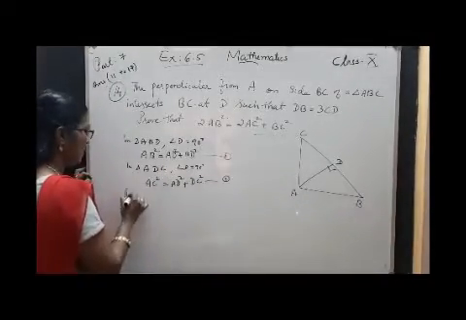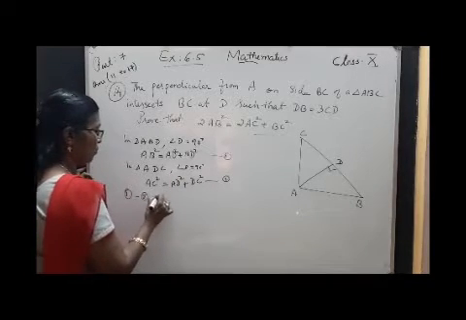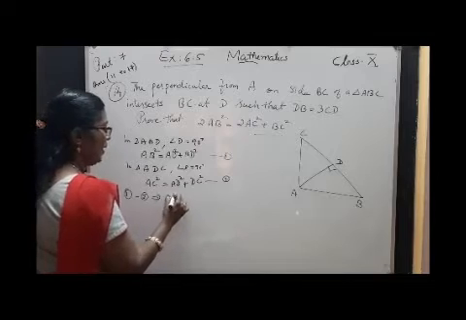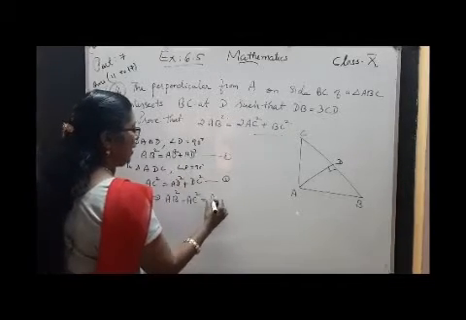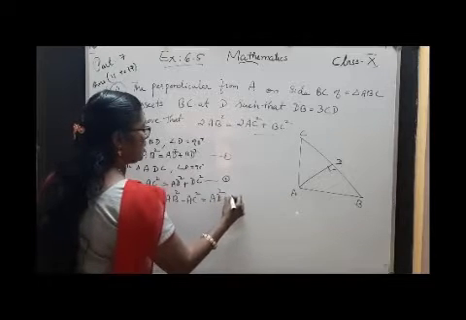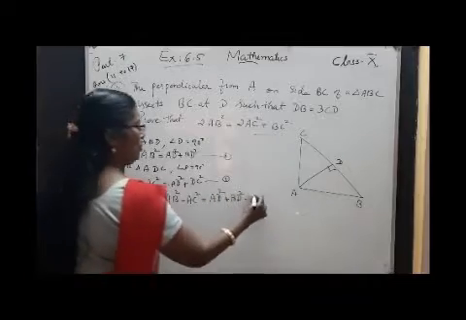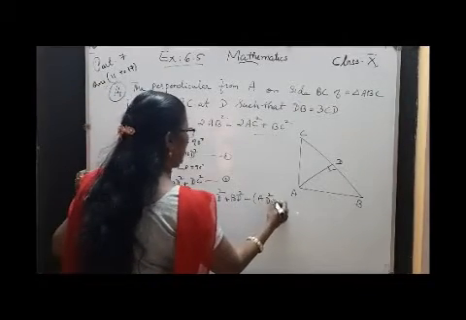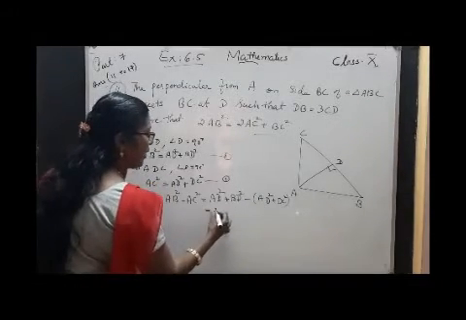Then subtract 2 from 1, 1 minus 2, that implies AB square minus AC square equal AD square plus BD square minus of AD square plus DC square. Open this bracket using this minus.